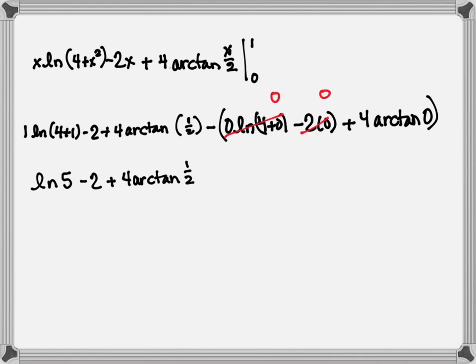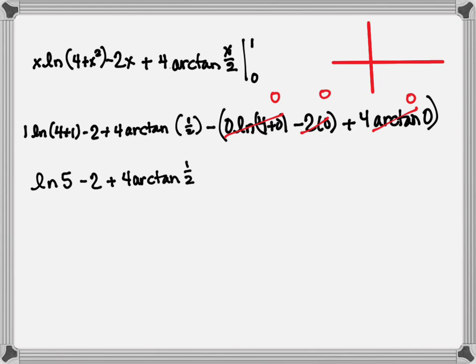Over here, this is 0. This is 0. And then the last piece we need to pause and actually think about. What is the arctangent of 0? Do you know? It's either 1 or square root of 3. Actually, it's not, but those are good guesses. It actually is 0. And I know I told you we want to be careful because it's really easy to think that they always are, and they aren't always.